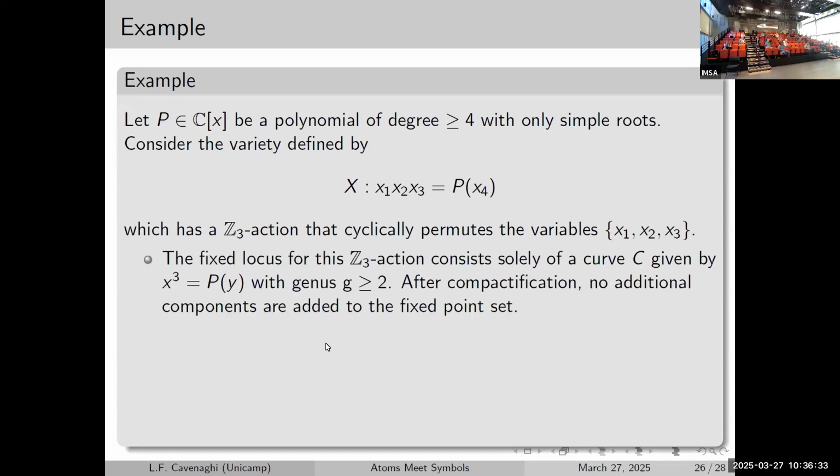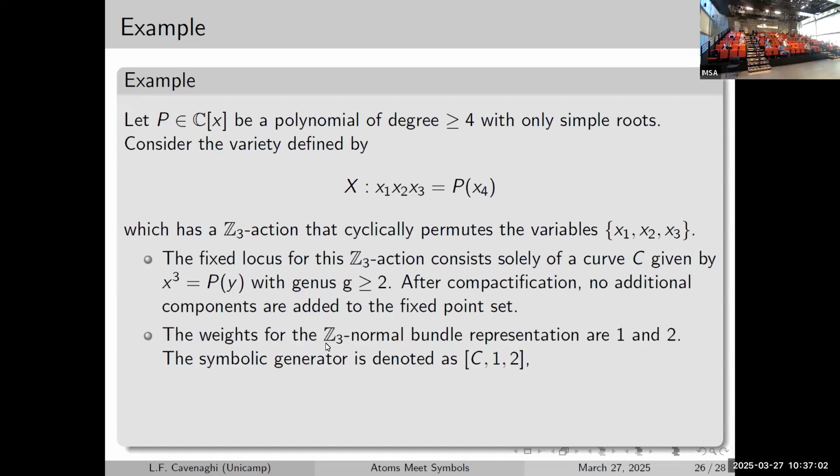Turns out that the fixed point set is precisely a curve C described by an equation like that, x cubed equals q y, and it has genus greater or equal than 1. What you're going to do then is to look at your smooth Z3 equivariant variety, complexify it, and extend the action, and there's a way of doing this by this choice of polynomials that adds no new component in the fixed point set.